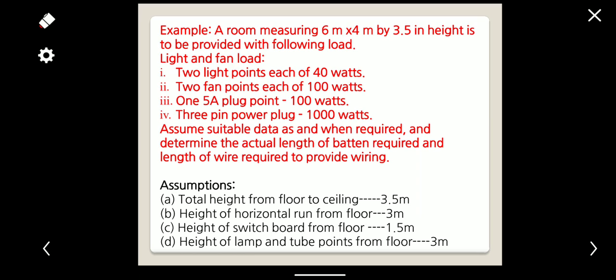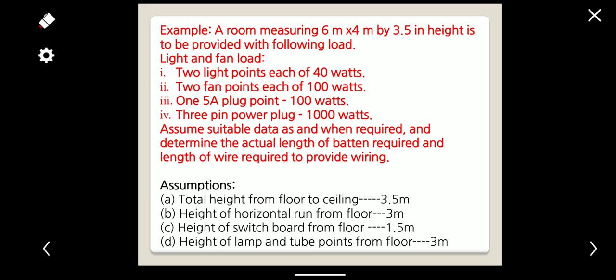The next example: a room measuring 6 meter by 4 meter by 3.5 meter in height is to be provided with the following loads. The first load is fan load and light load. Two light points each of 40 watts, two fan points each of 100 watts, a 5 ampere plug point of 100 watts, and a 3 pin plug of 1000 watts.